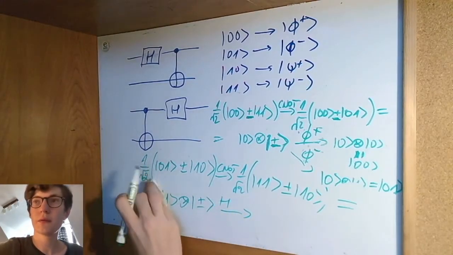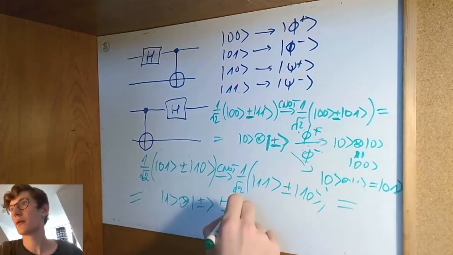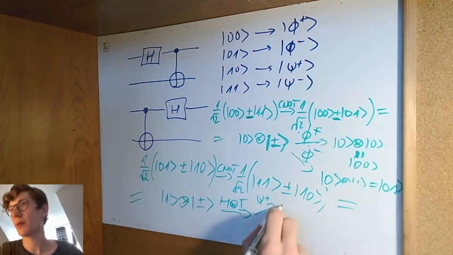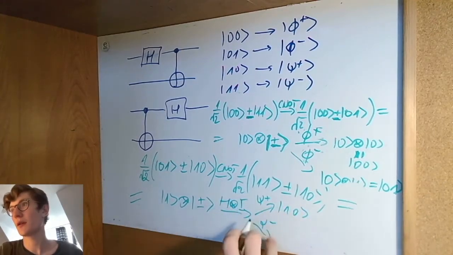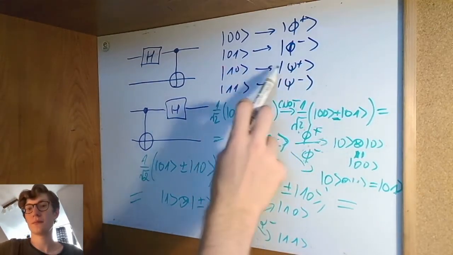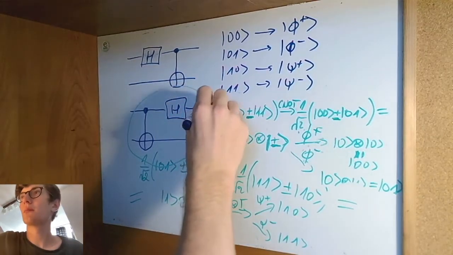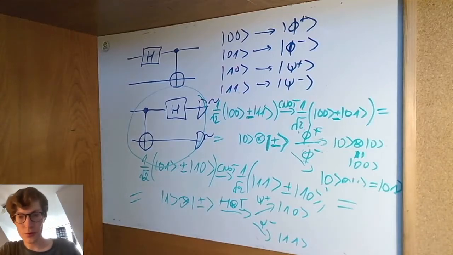And of course, as before, I erase this 1 over square root of 2, and then if it is psi plus, we get 1, 0, and if it's psi minus, we get 1, 1. What agrees with what we wanted to get. So that's the circuit, that's the answer. Of course, we have to add some measurements at the end, right? Because that's part of the superdense coding protocol. So we can go to the second problem.